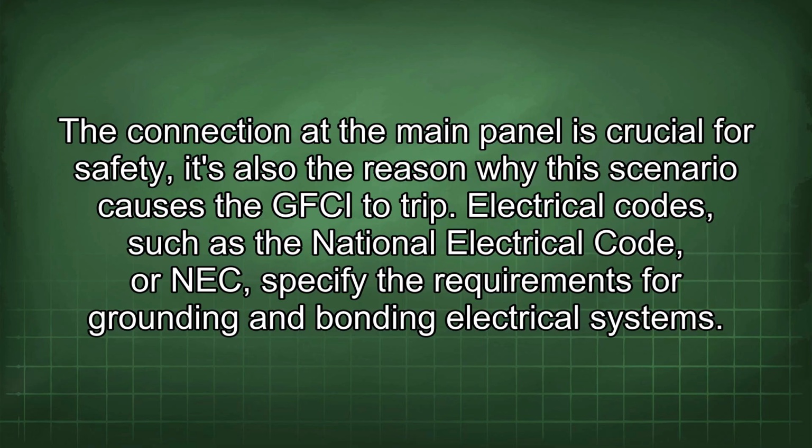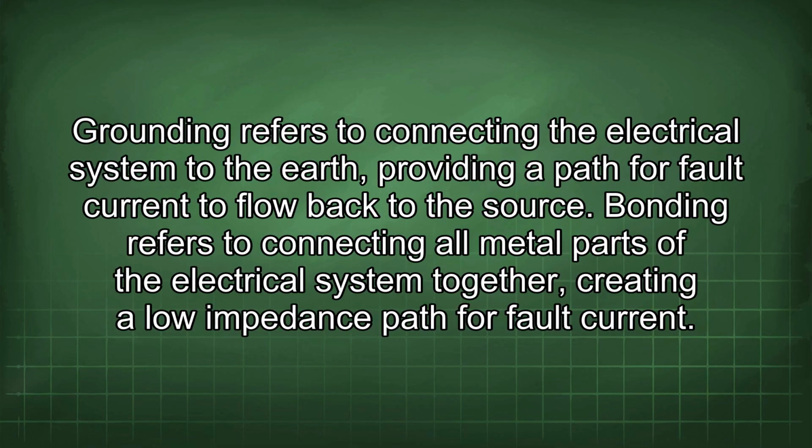Electrical codes, such as the National Electrical Code, or NEC, specify the requirements for grounding and bonding electrical systems. Grounding refers to connecting the electrical system to the earth, providing a path for fault current to flow back to the source. Bonding refers to connecting all metal parts of the electrical system together, creating a low impedance path for fault current.